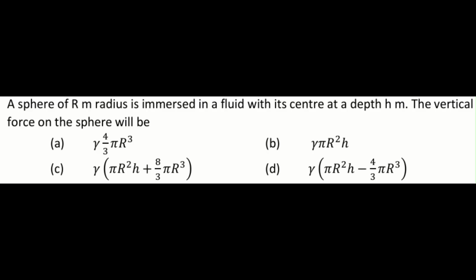So next question: a sphere of radius R meters is immersed in a fluid with its center at a depth h meters. The vertical force on the sphere will be? So we have to find the force acting in the vertical direction on this given sphere.